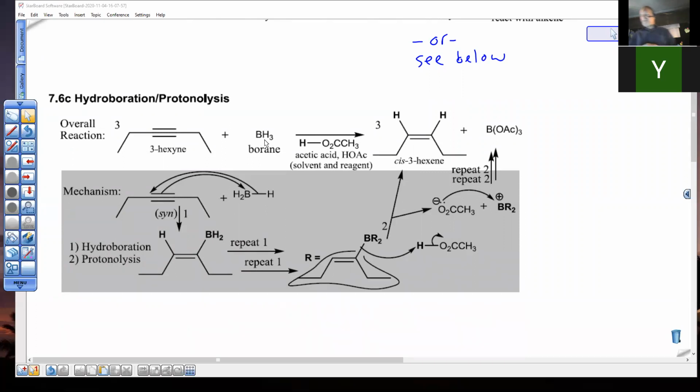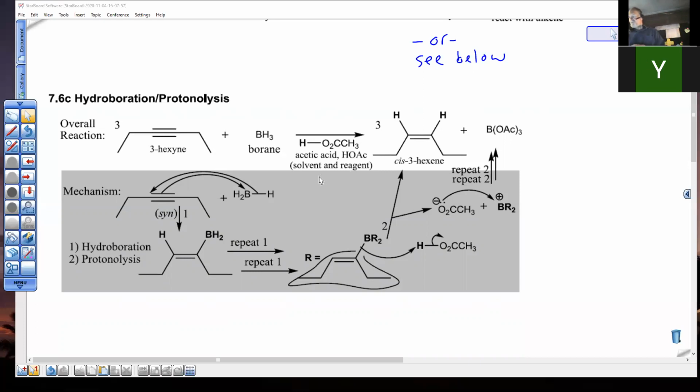Borane, our old friend from chapter 6, is back. We don't have to put any fancy sec-isoamyl groups on it. It's going to react also with acetic acid, both solvent and reagent. And this mechanism doesn't look anything as complicated as the other boron one, does it?